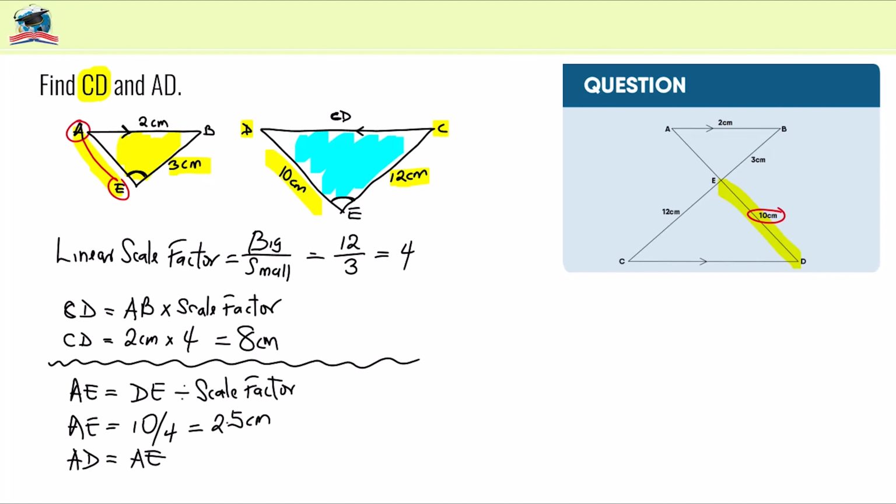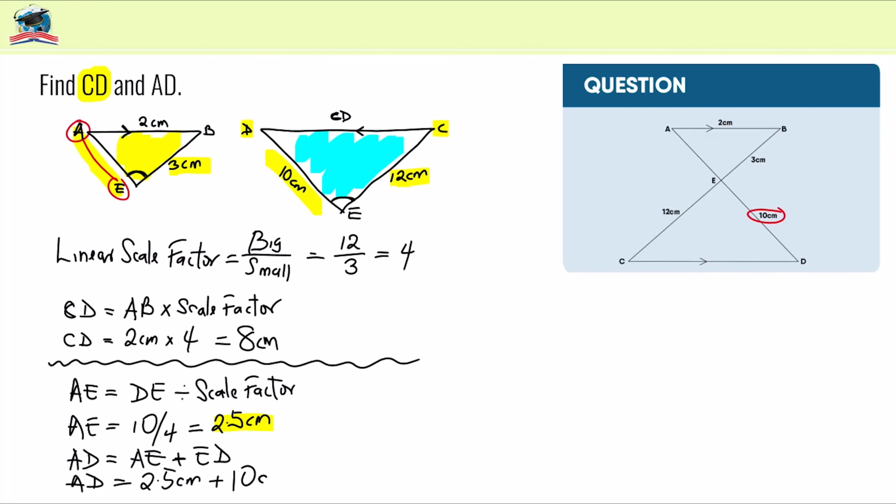And then we will add the other distance, which is E to D. Our ED is here, which is 10. So AD will be AE, which we already have as 2.5 centimeters, plus ED, which is 10 centimeters.